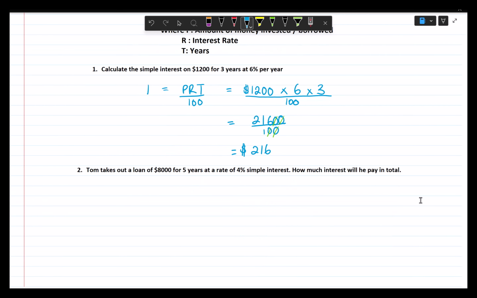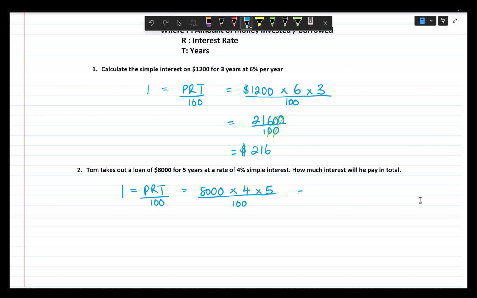Number 2, Tom takes out a loan of $8,000 for 5 years at a rate of 4% simple interest. How much interest will he pay in total? Again, the formula is I is equal to PRT all over 100. The amount of money that he borrowed was 8,000 times the rate, which was 4%, times the amount of time in years, which was 5, all over 100.